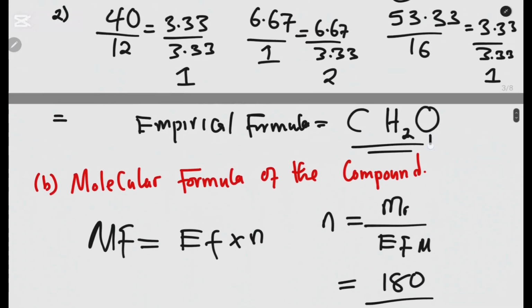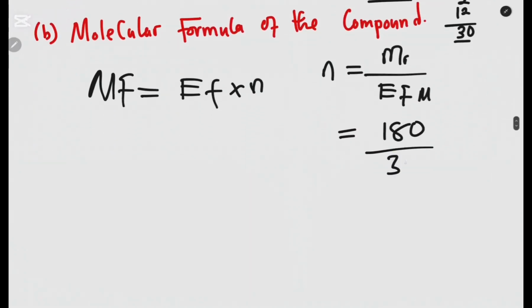Oxygen is 16, hydrogen is 2, and carbon is 12, so this gives us 30. So 180 divided by 30 gives 6. So our n is equal to 6.